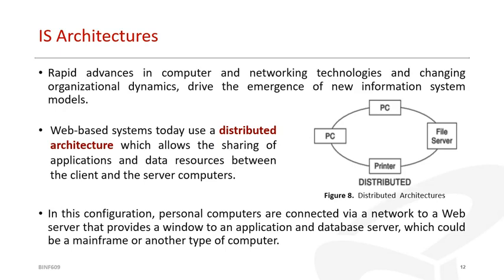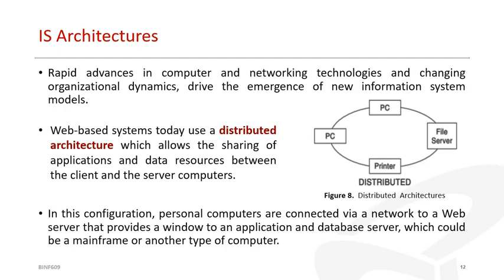Using distributed architecture in web-based systems allows sharing of applications and data resources between the client and the server computers. It combines features from the centralized and decentralized architectures. Distributed architecture components are presented on different platforms, and several components can cooperate with one another over a communication network in order to achieve a specific objective or goal.